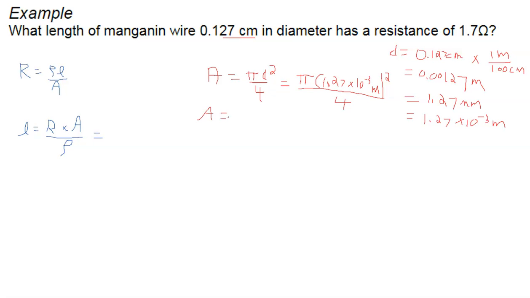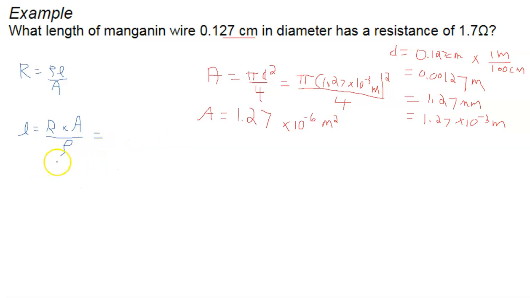And we want to square that, multiply by pi, and divide by 4. And if we do that, I got 1.27 times 10 to the negative 6. And now my unit is meters squared.